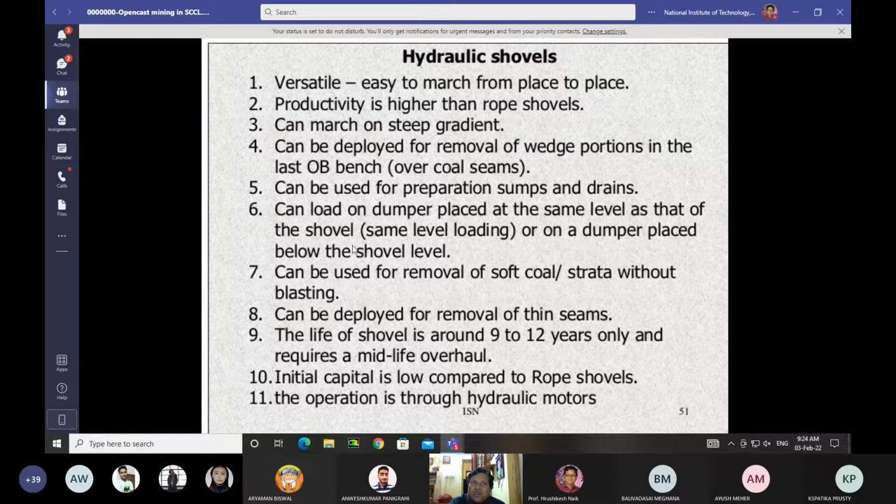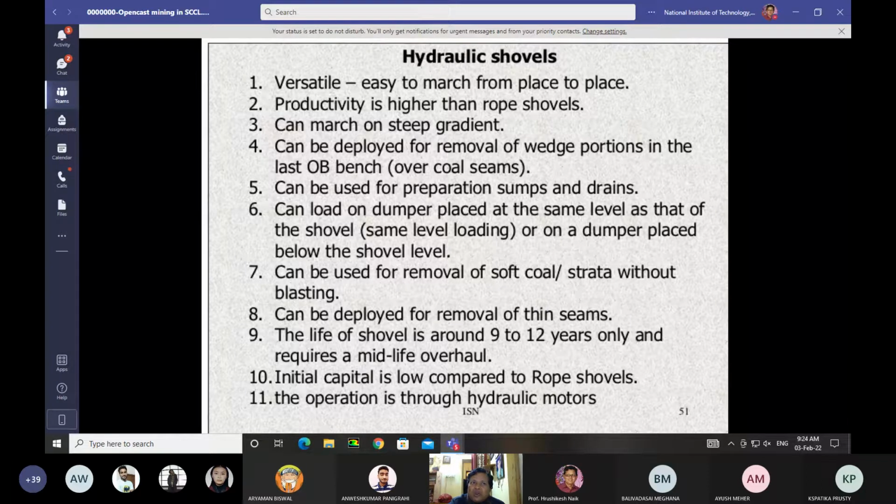And the hydraulic shovels can load on a dumper placed at the same level as the shovel, same level loading, or on a dumper placed below the shovel level. This is the advantage of your hydraulic shovel. The hydraulic shovel can be used for removal of soft coal strata without blasting.